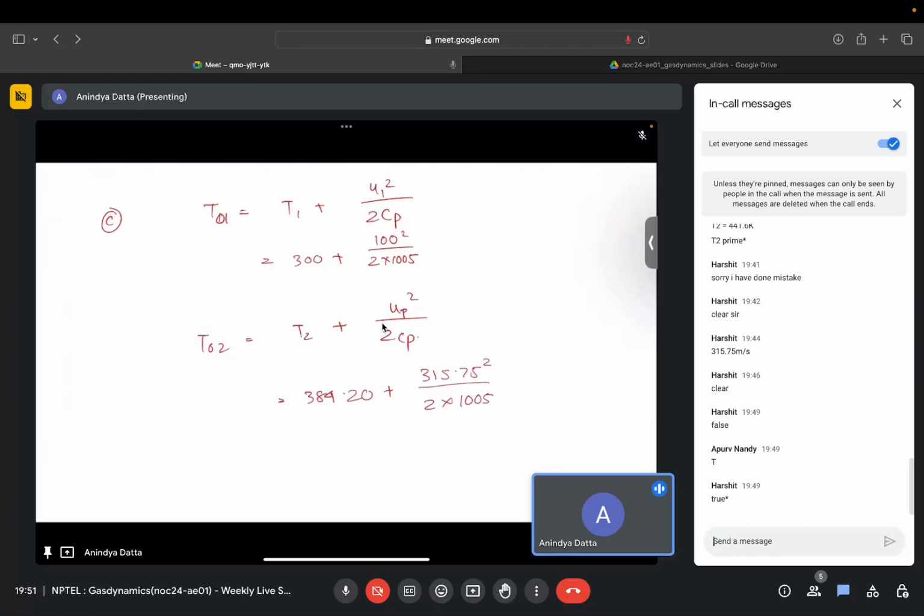If you just look at the values, you will understand that T02 is greater than T01. You see that the static temperature is larger in T2, and also the velocity is higher. So you can see T02 is greater than T01.